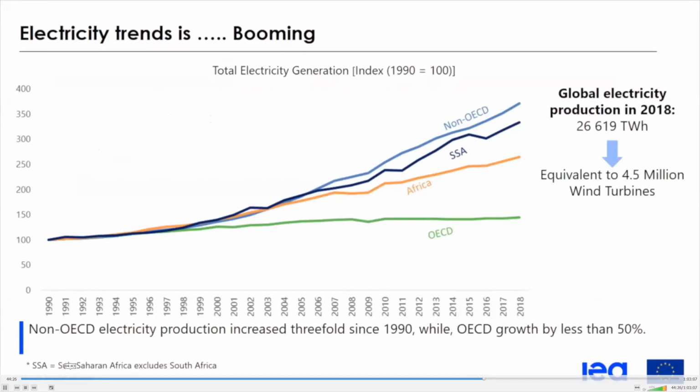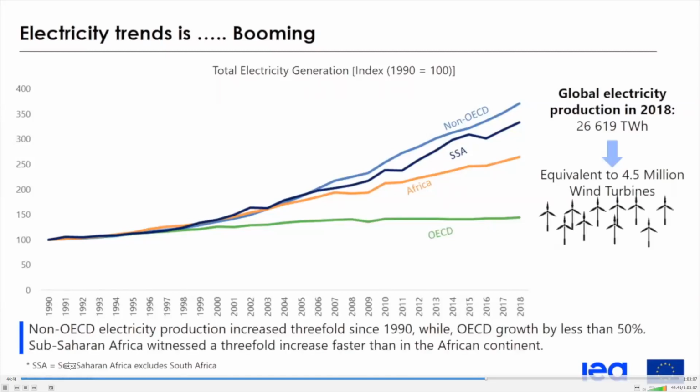So the global production in 2018 was more than 26,000 terawatt hours, which is the equivalent of 4.5 million wind turbines in the world. And Sub-Saharan Africa witnessed a threefold increase, faster than the rest of the African continent.